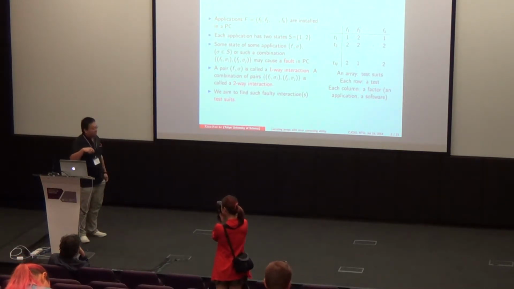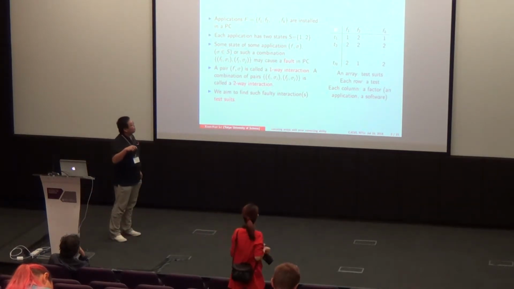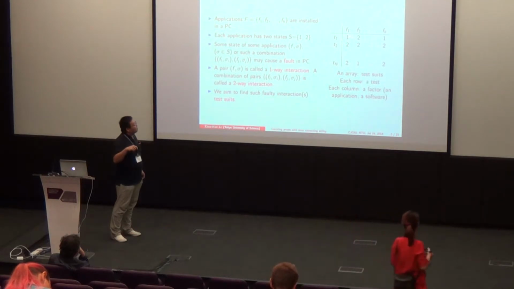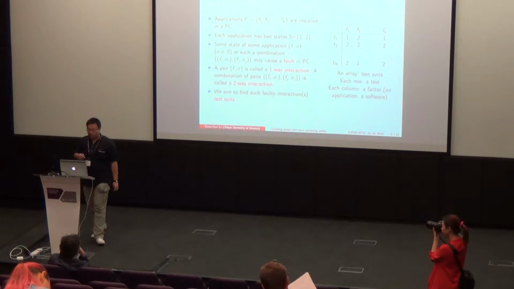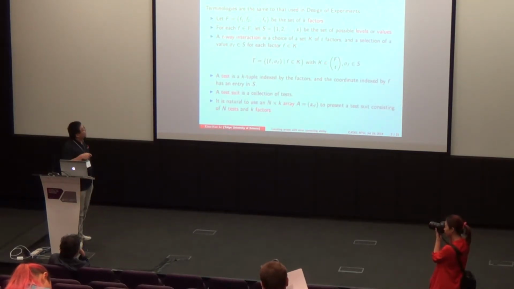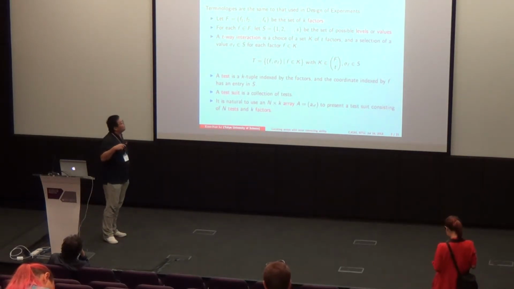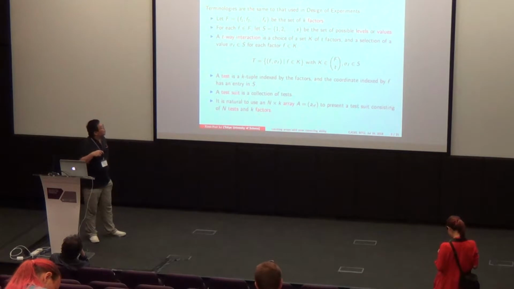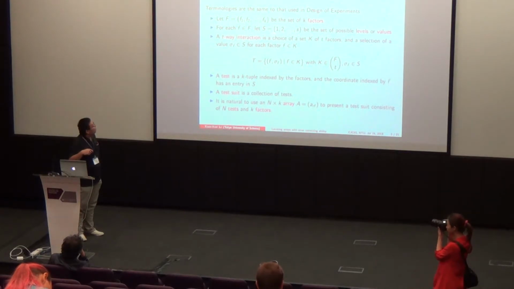In the terminology of interaction testing or design of experiments, we call this a factor, and each symbol corresponding to a fixed factor is called a level. Essentially, the terminologies we use are totally the same as those used in the design of experiments. This set is called factors and levels.